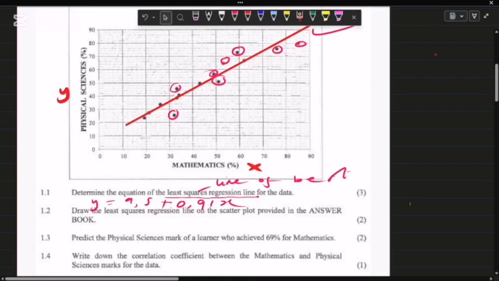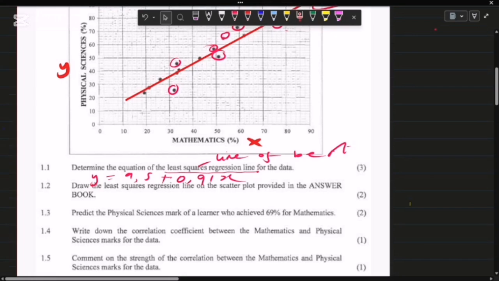So what we do is very simple. They've given us the x value, and they want us to get the physics mark, which is the y value.